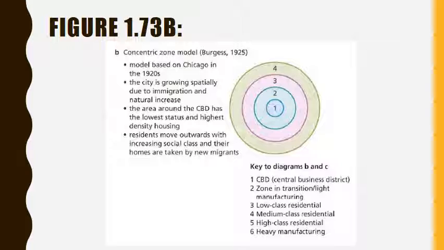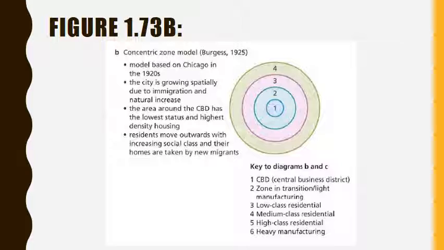Figure 1.73b. Concentric Zone Model, Burgess, 1925. Model based on Chicago in the 1920s. The city is growing, especially due to immigration and natural increase. The area around the CBD has the lowest status and highest density housing.